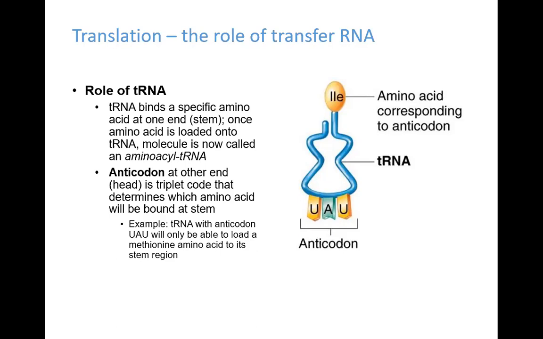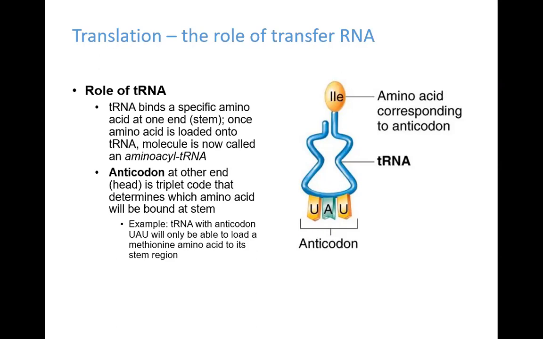Uracil pairs to adenine, and guanine pairs to cytosine. They're complementary. The messenger RNA is complementary to the original DNA strand. So we get the messenger RNA out in the rough endoplasmic reticulum, and we have the ribosome starting to form around it. But now we still have to get the amino acid there.